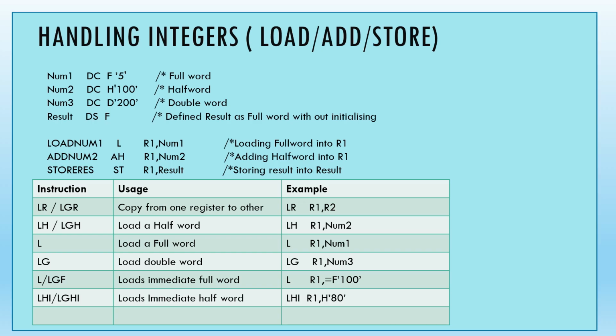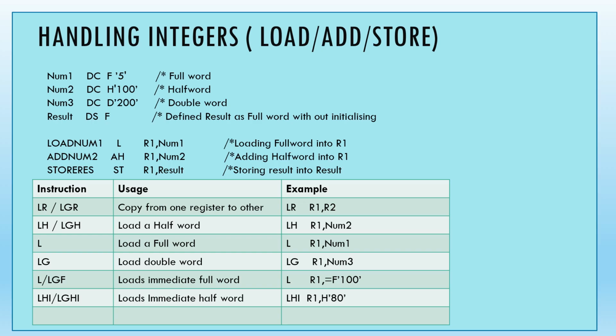The value that is immediately next to it is what gets stored in R1. LHI R1,H'80': 80 is a halfword, so the value 80 is getting loaded into R1. The last two are very important; many times we make mistakes here. When we say L R1, =F'100', the =F'100' is a literal value. That means memory gets allocated.